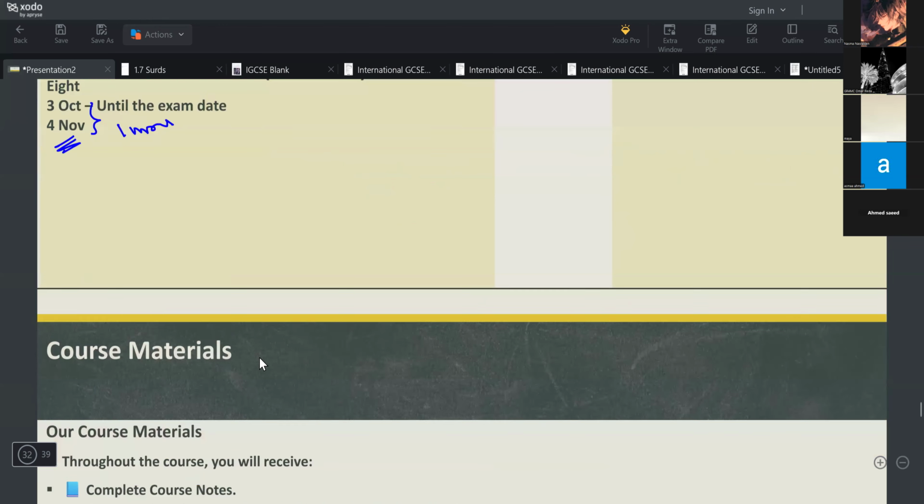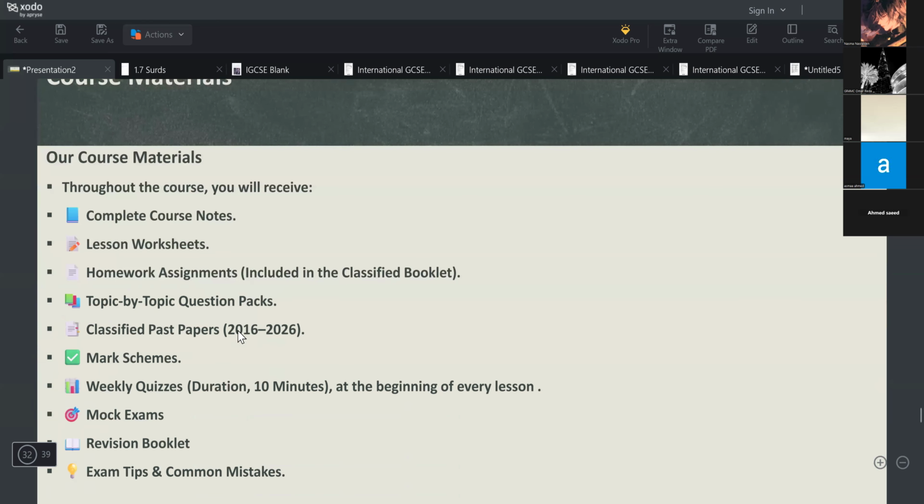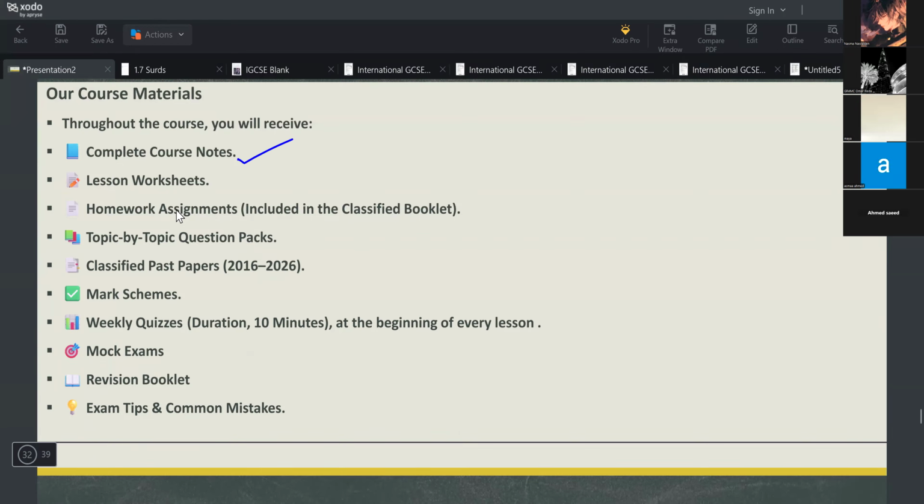I think this is everything in our course plan, and here is our material. Our course materials: complete course notes, lesson worksheets each class, homework assignments, the classified booklet, topic by topic question packs, classified past papers from 2016 to 2026, mark schemes, weekly quiz, 10 minutes at the beginning of each session, mock exams, revision booklet, and exam tips.